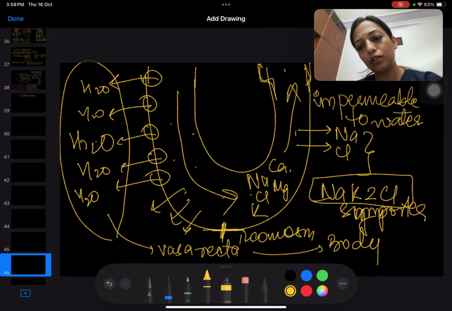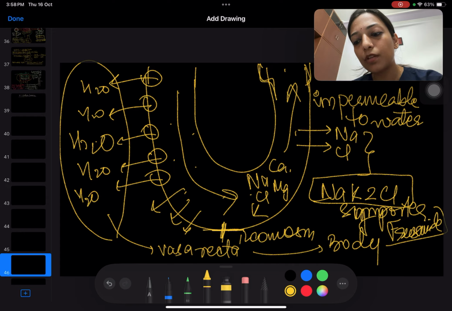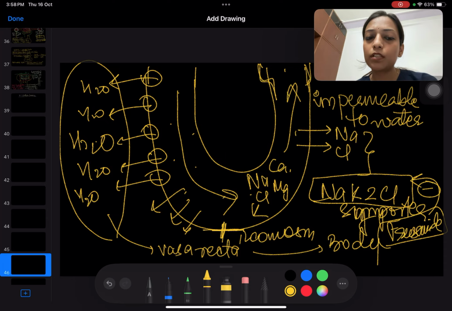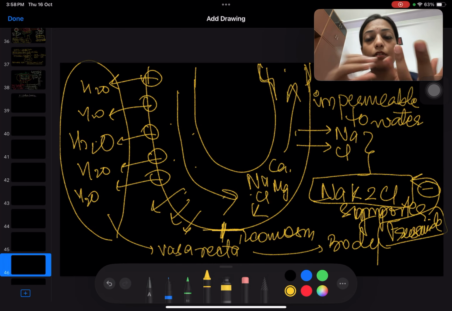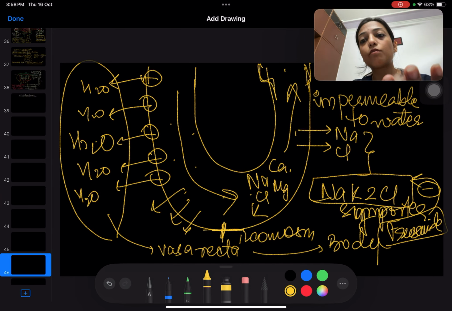Now, whenever we are taking furosemide or any loop diuretic for that fact, these are going to come and inhibit this. So any amount of sodium, potassium and chloride that could have been absorbed by this symporter doesn't get absorbed. That is why there is increased urine output, and that is how body fluid volume is reduced, and that is how it works as an antihypertensive. So this is the diuretic over there.